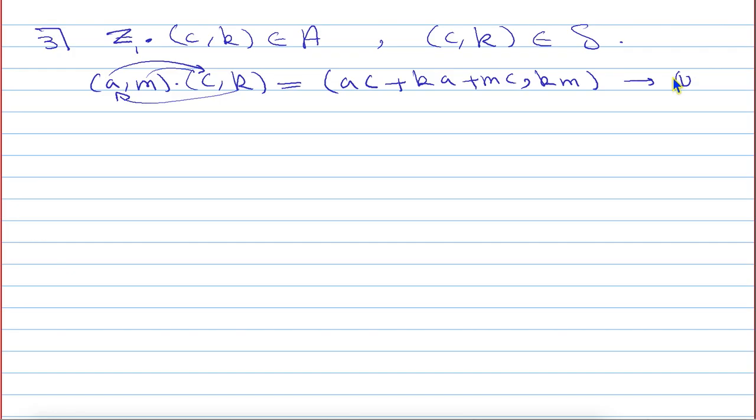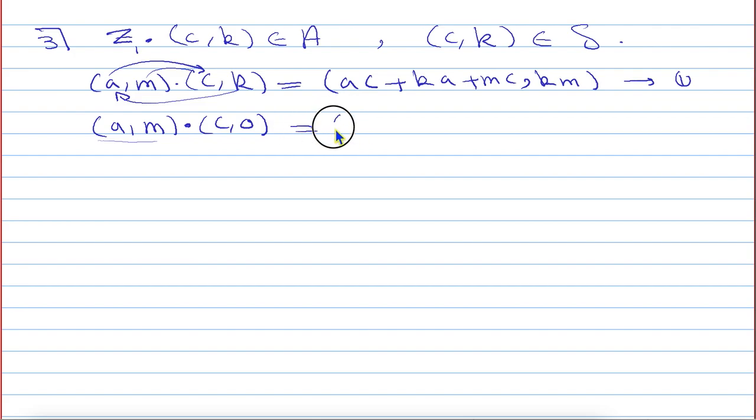On the other hand, we have (A, M) times (C, 0). (C, 0) is an element of R because all the elements of R are in this form. So since Z1 is in A, this must equal 0, of course.